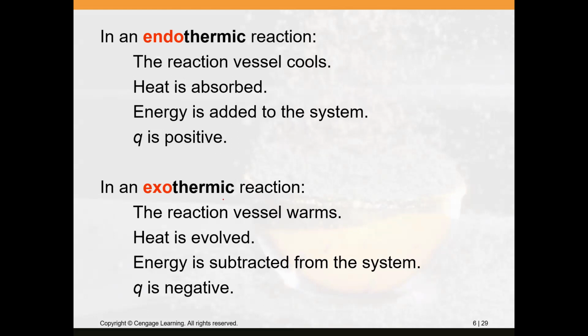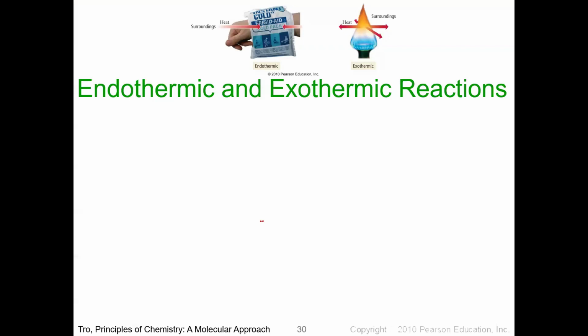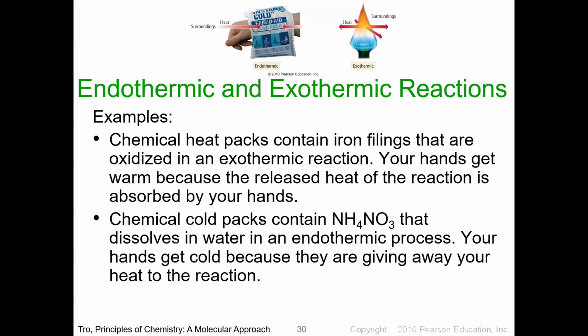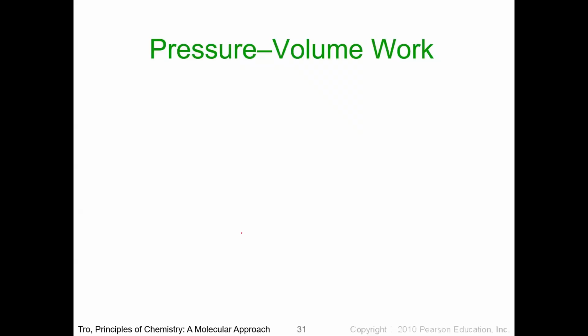Therefore, energy is subtracted from the system, so Q is negative. These are some examples of exothermic and endothermic reactions. For instance, chemical heat packs contain iron fillings that are oxidized in an exothermic reaction.